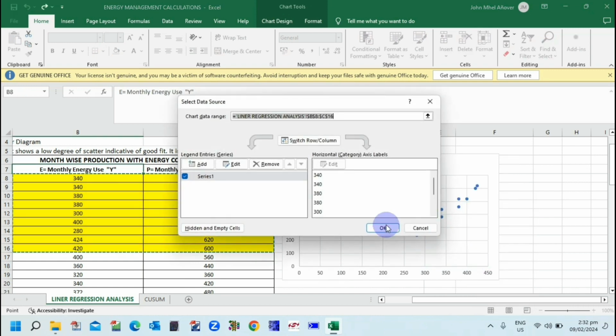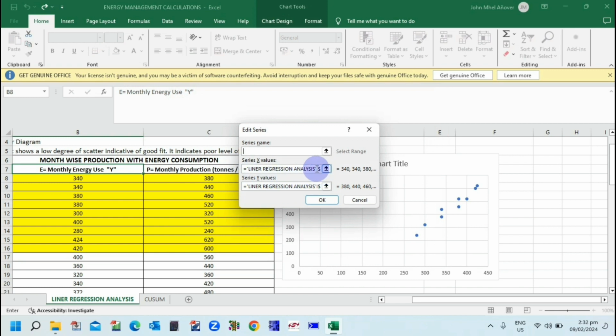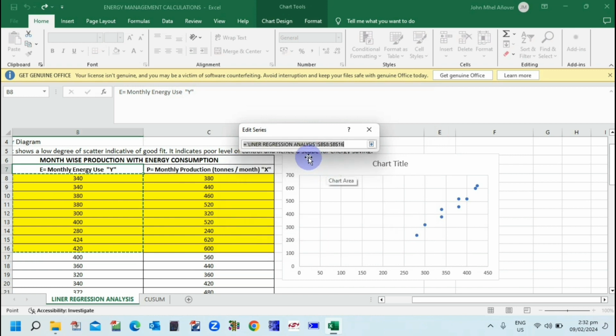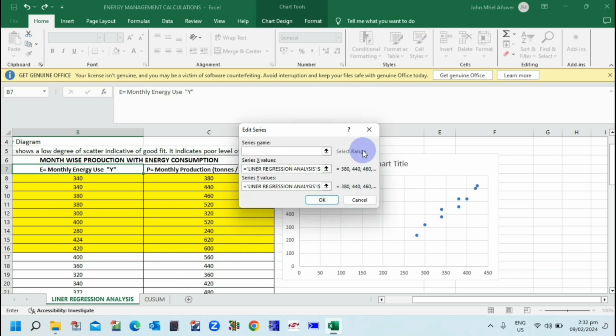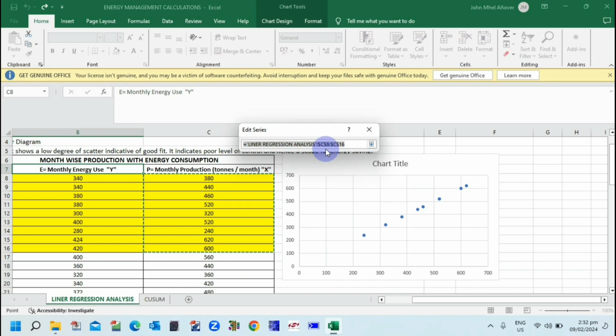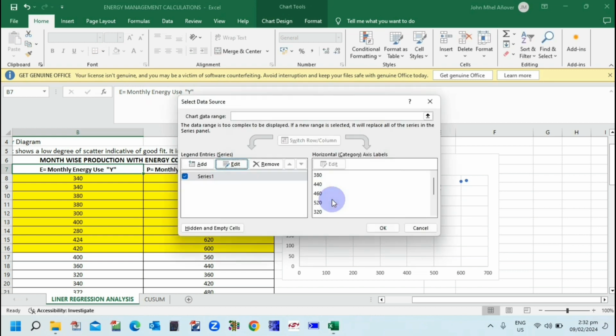So select data, go edit. From this one, instead of B, we'll make it C, the location. Enter. And then for this one, instead of C, we'll make it B. Enter.